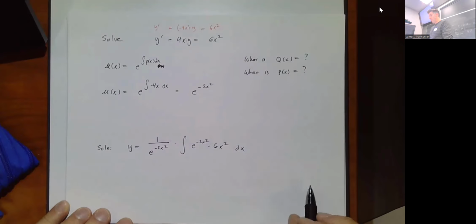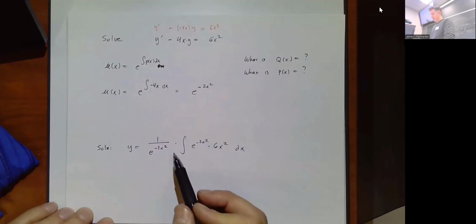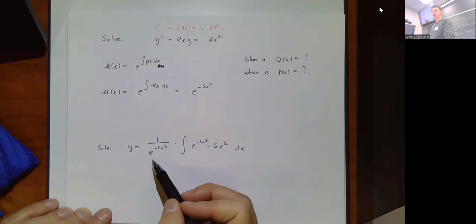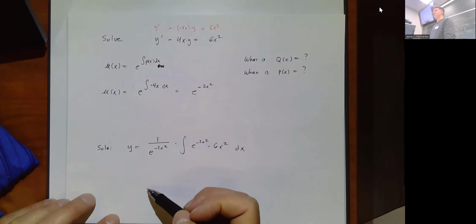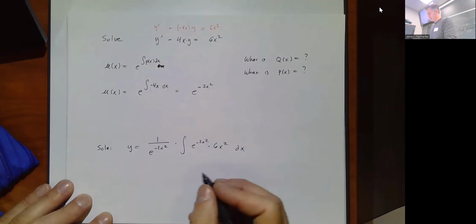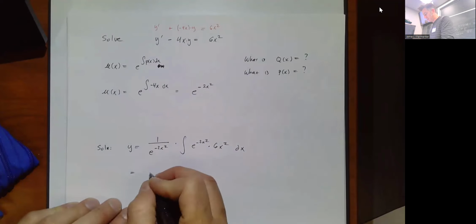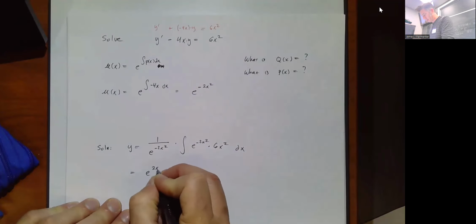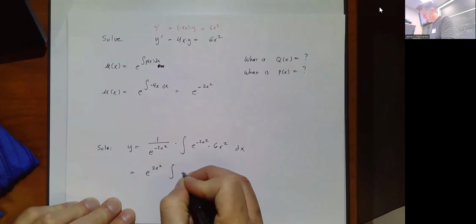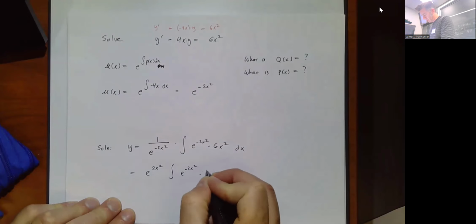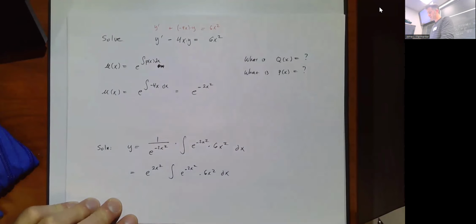So one thing I would do here before I did anything else is I would not write it this way. Why am I writing 1 over e to a negative power? Let's write it more nicely as e to the positive 2x squared times the integral of e to the negative 2x squared times 6x squared dx.